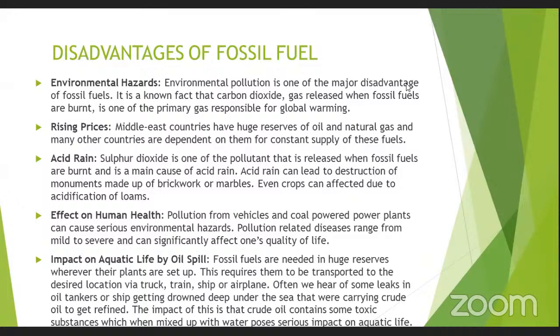Once this sulfur dioxide enters the higher atmosphere, it mixes with water vapor and forms sulfuric acid. This sulfuric acid will finally reach the earth through precipitation or rainfall, and this sulfuric acid mixed water will have a lower pH, meaning it will be acidic.